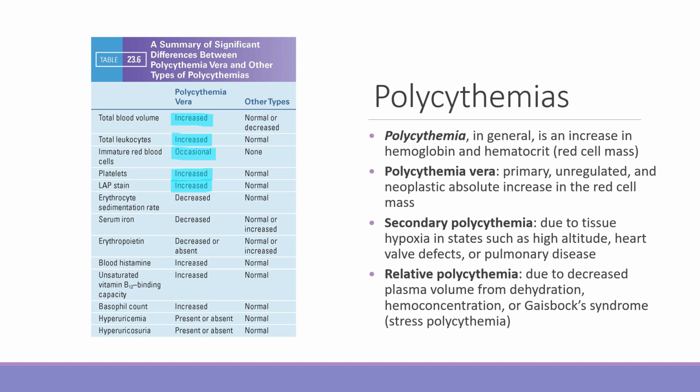Now, there is something called secondary polycythemia, and this is due to tissue hypoxia in states such as high altitude, heart valve defects, or pulmonary disease. So for example, if you go to the Himalayan mountains, your body is going to start producing a lot more red cells, and so you may have a huge increase in your red blood cell mass simply because of hypoxia.